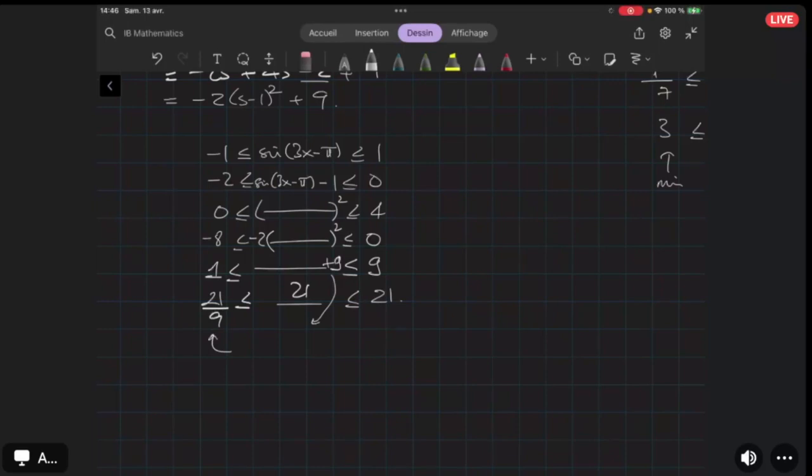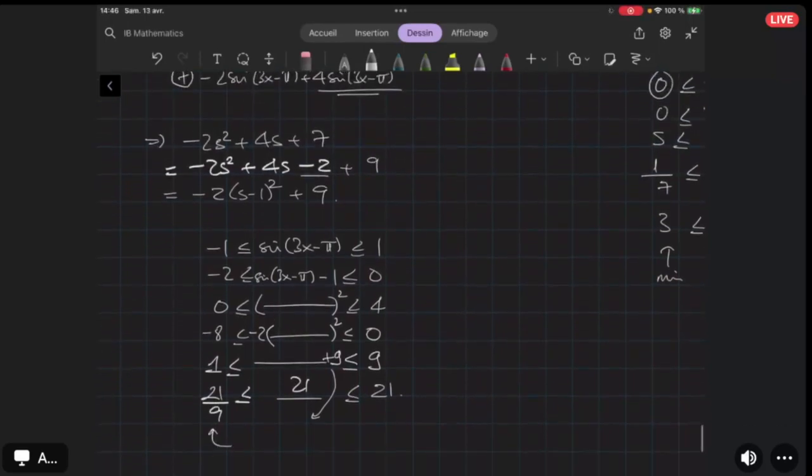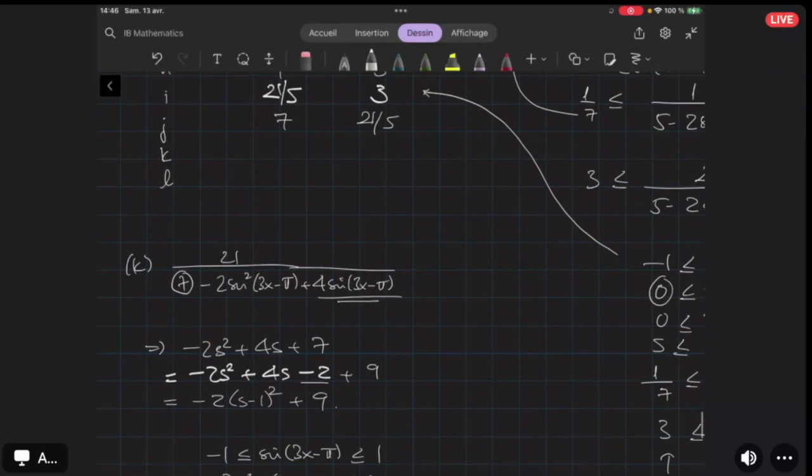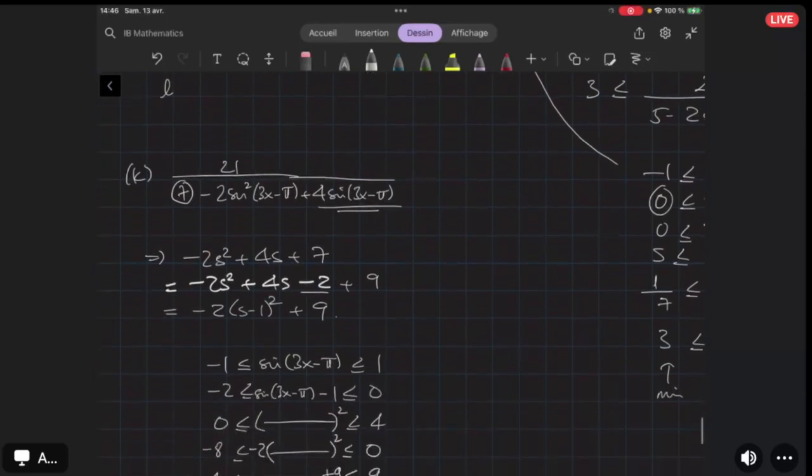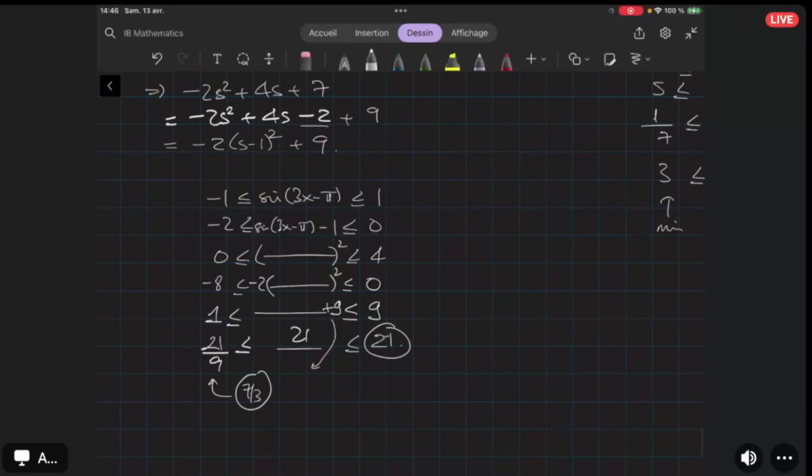So maximum 7 over minimum 7 over 3, maximum 21. This is definitely a grade 7 question.